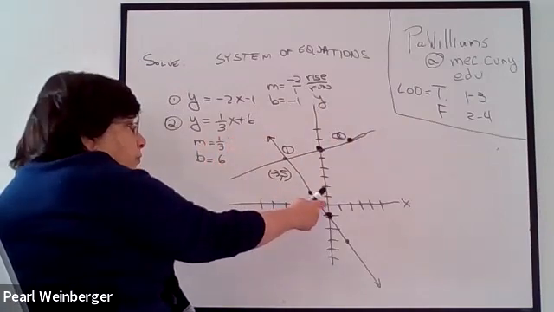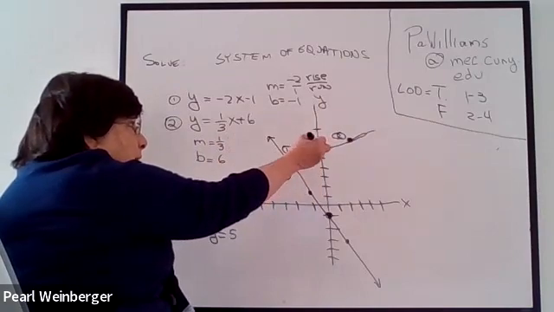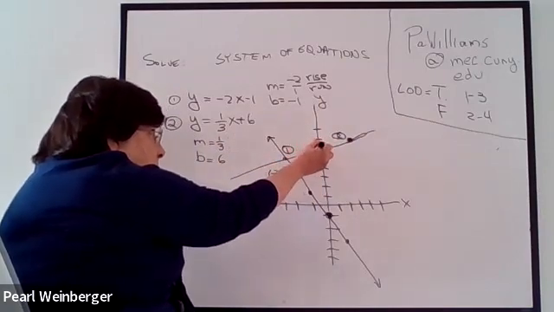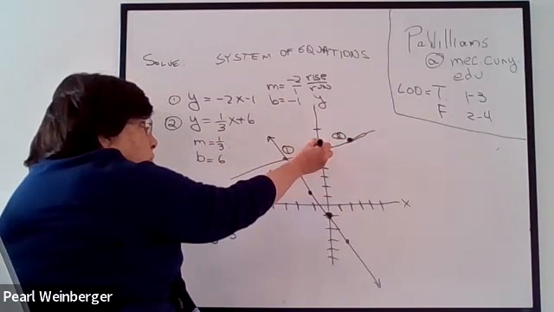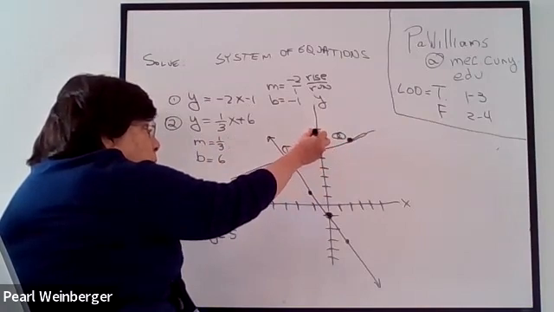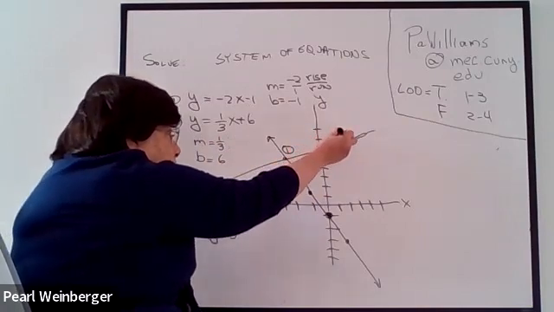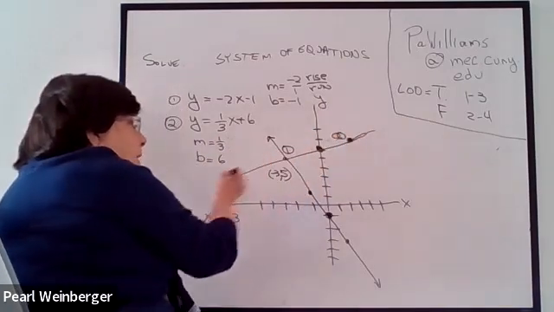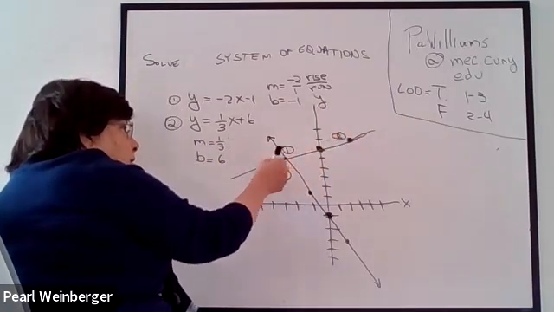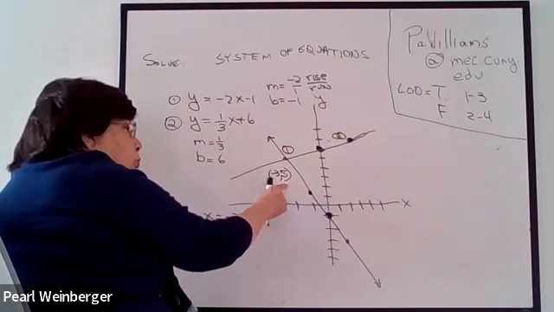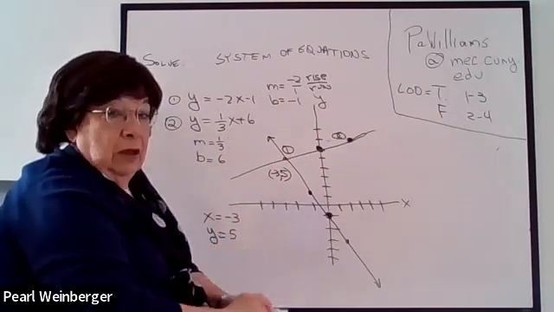So again, first go to the 6 on the y-axis and click on it. And then you use the slope 1/3, which means go up 1, 3 to the right and click on there. And you'll get your second point. And then you'll see that they meet at the point negative 3, 5.